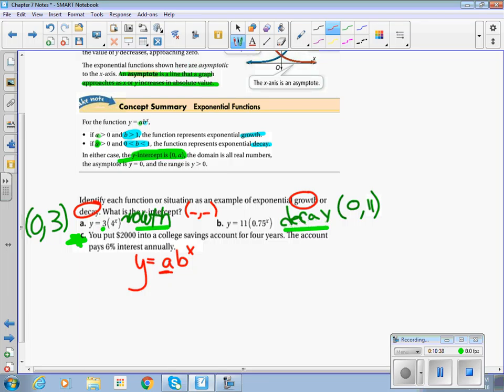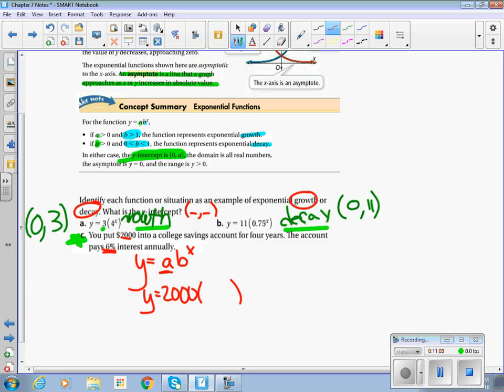It's our first value. So at time 0, how much money do we have? We start out with $2,000. b is what we're increasing by every year, and we use 0.06 to find it.